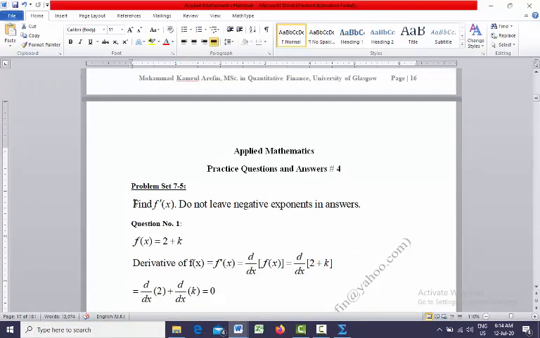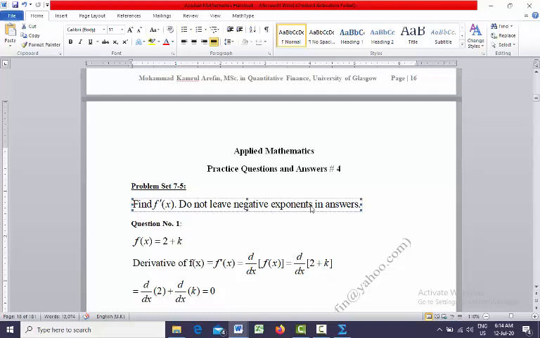it said find f prime x. That means you need to do differentiation. F prime x means differentiation. So you need to do differentiation, but do not leave negative exponent in answer. That means after you solve all problem, you cannot leave negative power. Exponent means power.